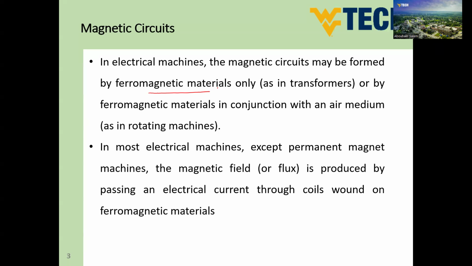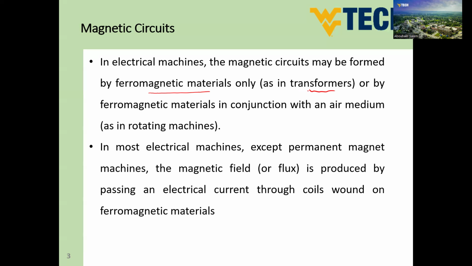Like what material? Like cores that we have, for instance, in a transformer. I know you learned something about transformers before in electrical circuits. I'm not sure if all of you attended the course of electrical circuits with me or with another instructor, but I'm teaching a more detailed transformer in my course. So if you didn't have the transformer in detail in electrical circuits one, I have to repeat this part here in my course.